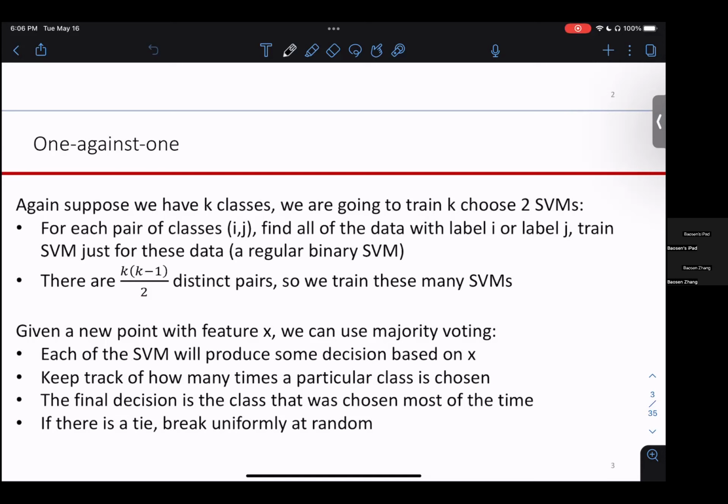Whoever wins, you decide that's the class. So these are basic ways to divide the space when you're doing classification.